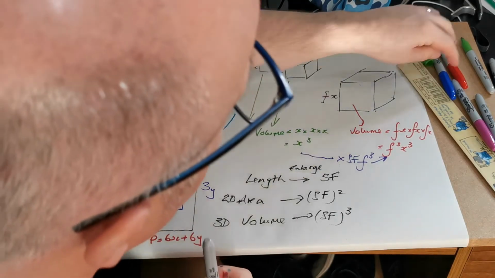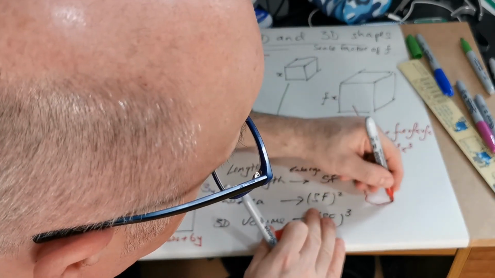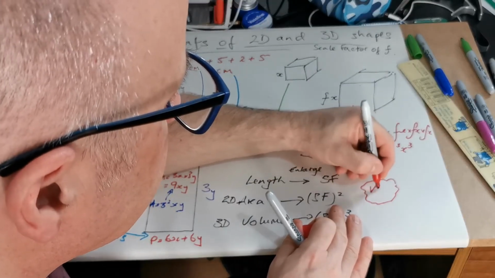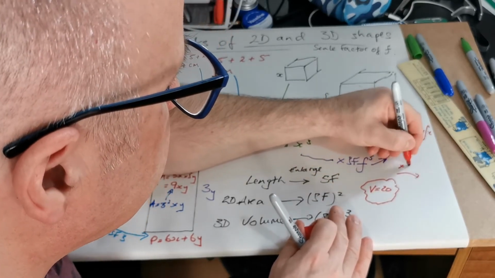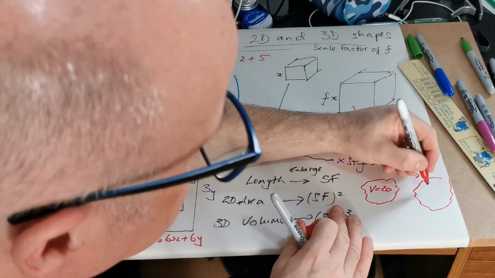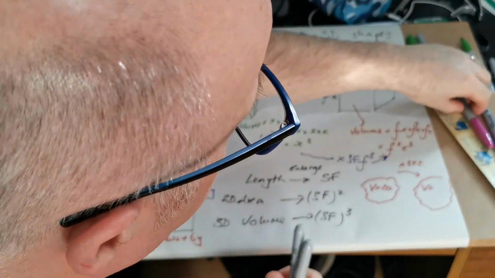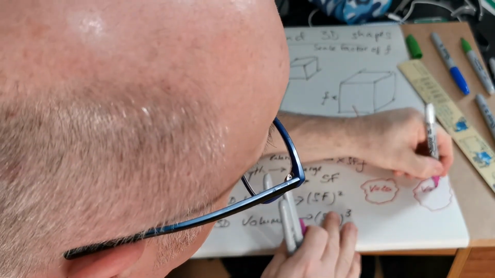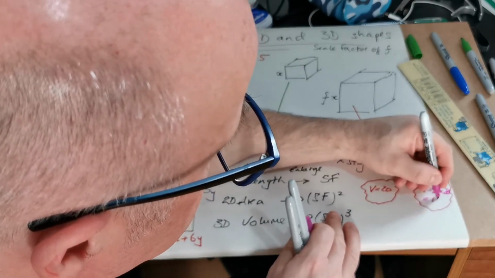So just have a quick look at that. So the volume is 20 times scale factor of 2. The volume equals 2 cubed times 20, which is 160.